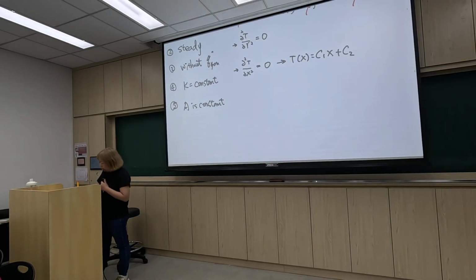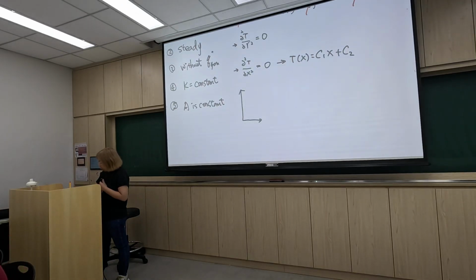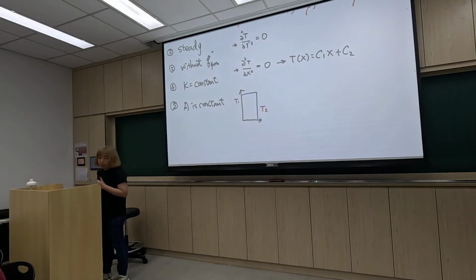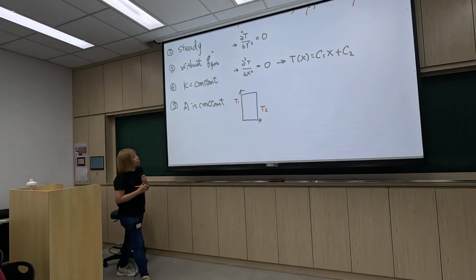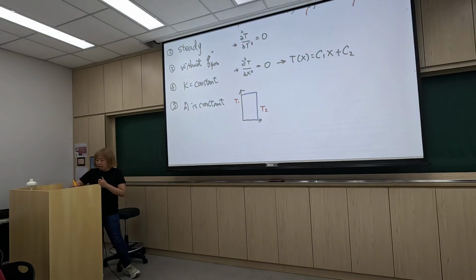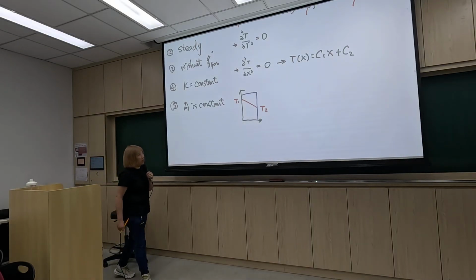Then we can start the coordinate, and we have a wall here, with T1 and T2. Because we know this, we already know the temperature distribution, or temperature profile, inside the solid should be linear.